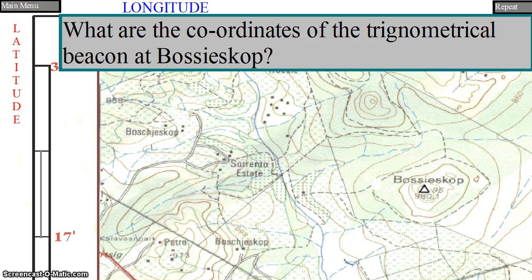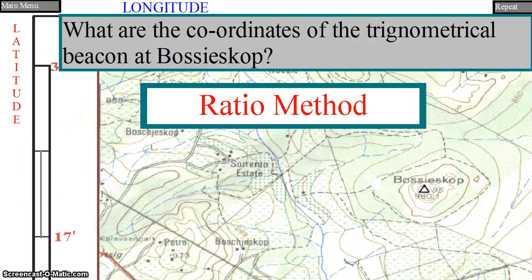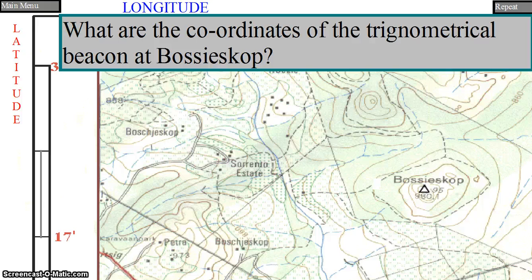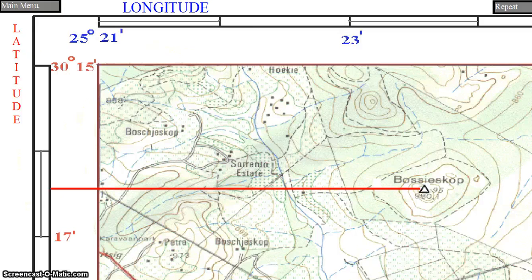What are the coordinates of the trigonometrical beacon at Bossieskop? Join the trig beacon to the latitudinal coordinates which are found to the left of the map. Then join the trig beacon to the longitudinal coordinates which are found at the top of the map.